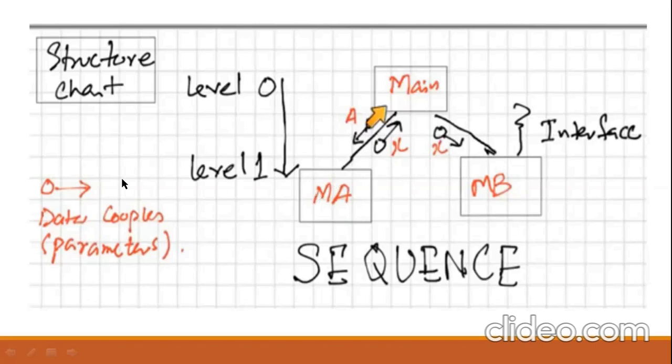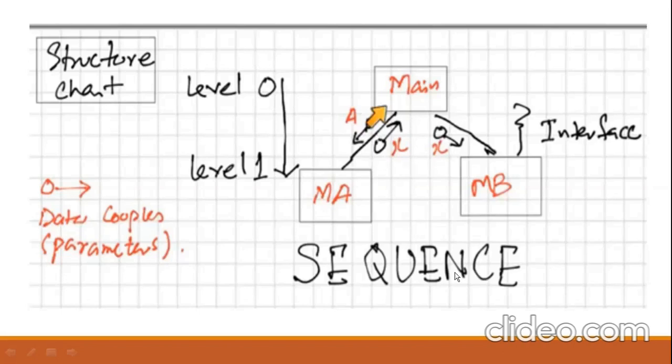The values that are passed between the modules are called parameters or data couples. When a higher level module sends a value to the submodule, we use this symbol, and when a submodule returns some value to the main module, it is represented by this symbol.